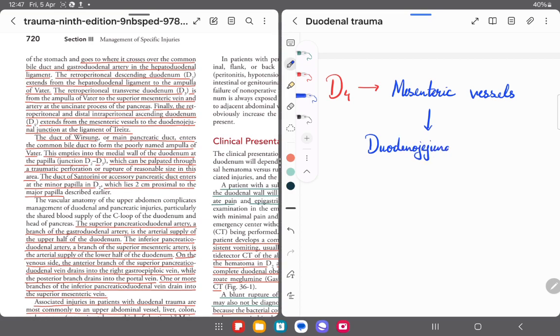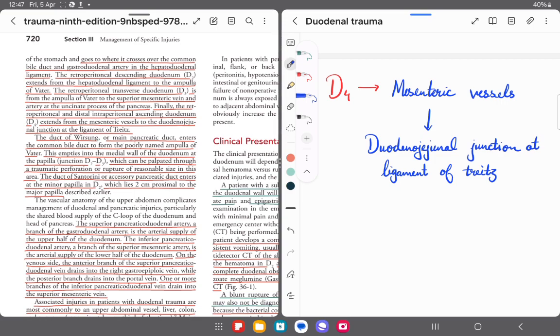Mesenteric vessels to duodenojejunal junction at ligament of Treves.